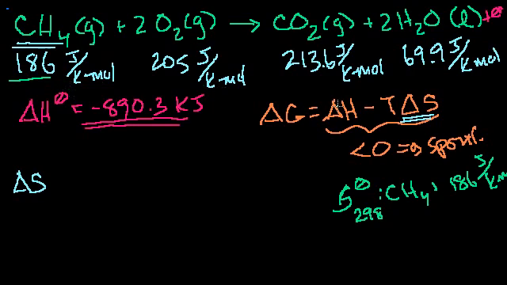So the total change in entropy of this reaction is the total standard entropies of the products minus the total standard entropies of the reactants, just like what we did with enthalpy. So that's going to be equal to 213.6 plus, I have 2 moles of water here, so plus 2 times 70, 69.9, almost 70.